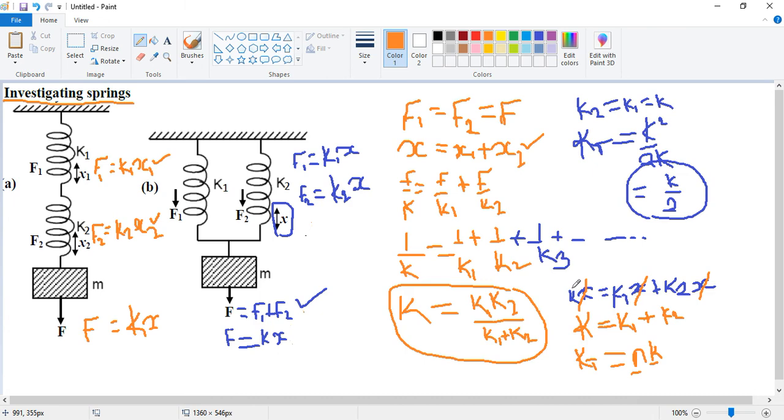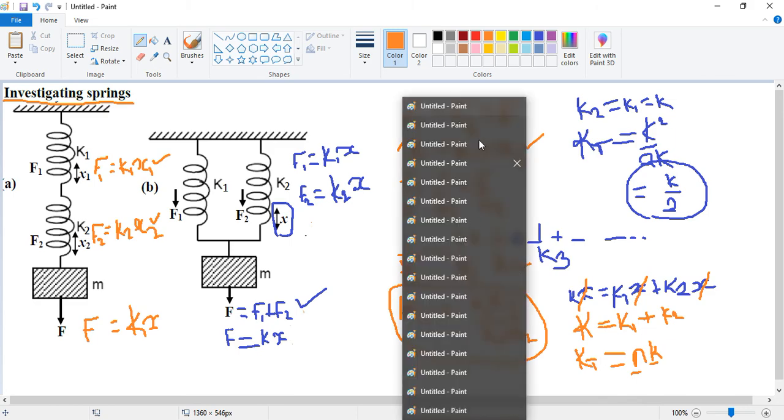Having more springs in parallel increases the effective spring constant, and if the spring constant is higher, the system is stiffer, requiring a large force to give a very small extension. Having more springs in series means smaller stiffness. I think I have made that very clear.